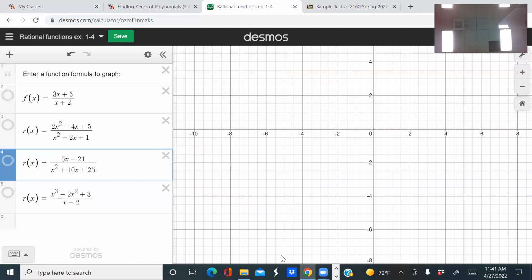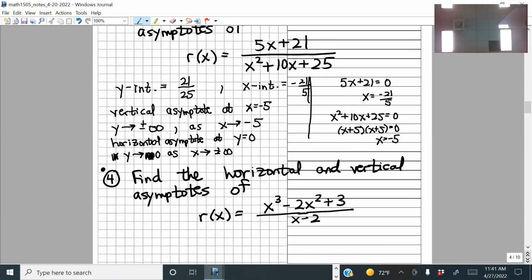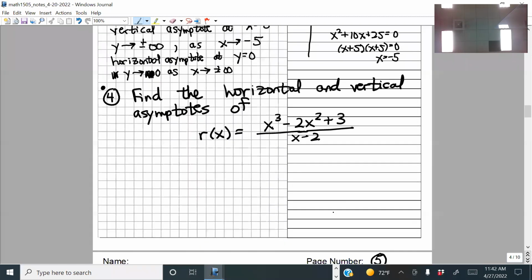Okay, let's try a couple other examples then. Let me let y'all try one or two. Okay, so tell me about this function. Don't worry about the intercepts here. What are the horizontal and vertical asymptotes?